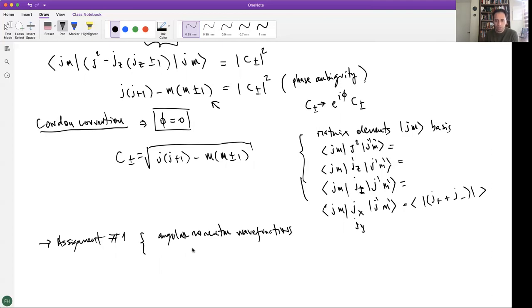And what are the angular momentum wave functions? We need a coordinate space, and a coordinate space in our case is angular space. So in polar coordinates, we will see that the angular momentum wave functions are spherical harmonics.